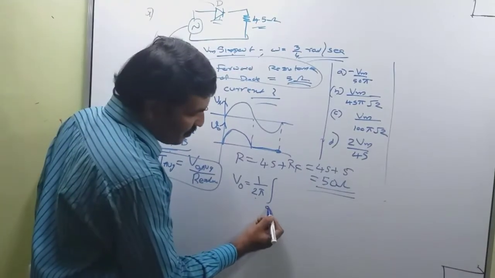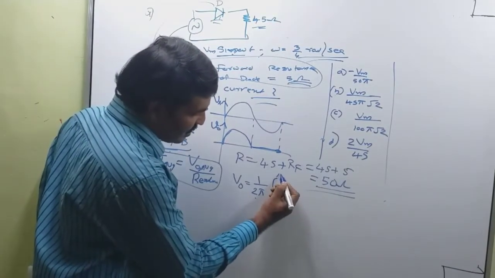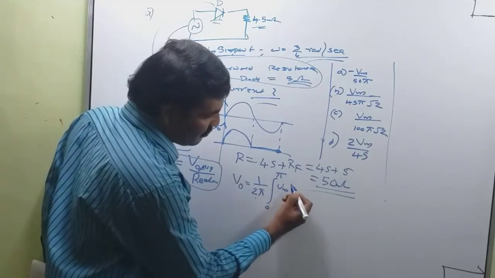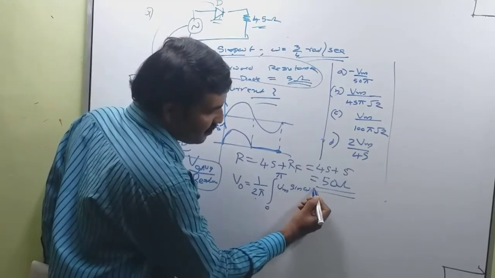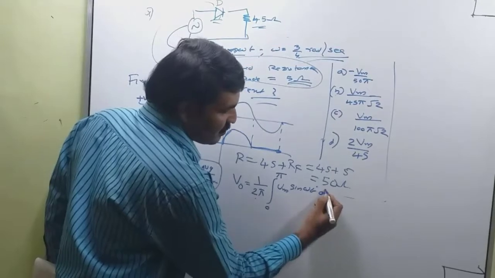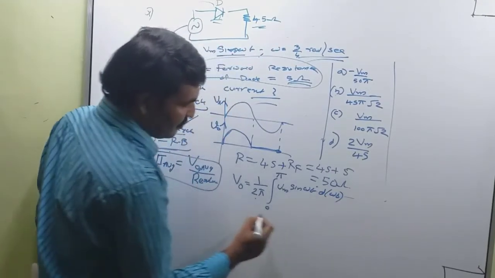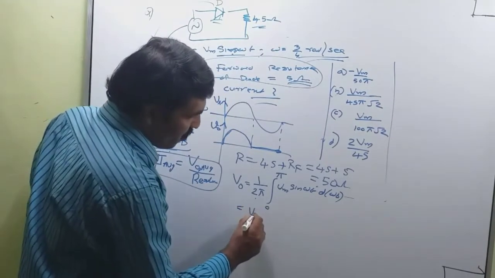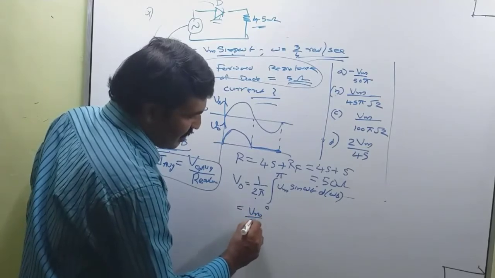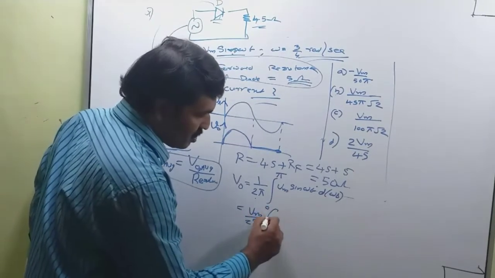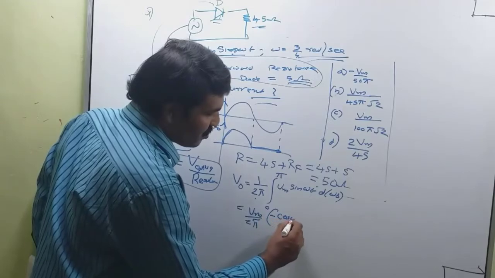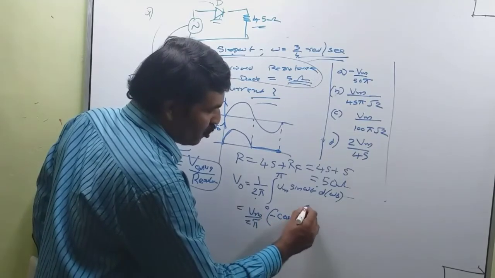So the limits of integration are 0 to pi, Vm sin omega t with respect to d omega t, that is equal to Vm by 2 pi, integral of sin is equal to minus cos omega t from 0 to pi.